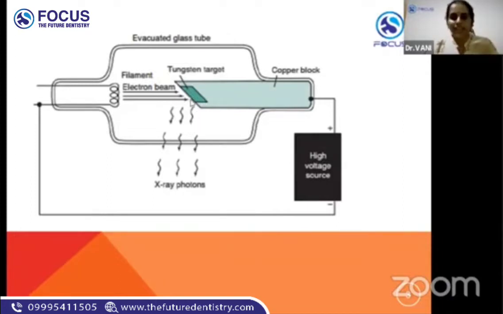Since it is an area, depending upon the different areas where the electron beam interacts, as well as the different types of interactions, each X-ray photon produced will have varying energy levels, or basically a wide range of qualities. Some will be of low energy levels while some will be of very high energy levels. That depends on where it strikes and the type of interaction.